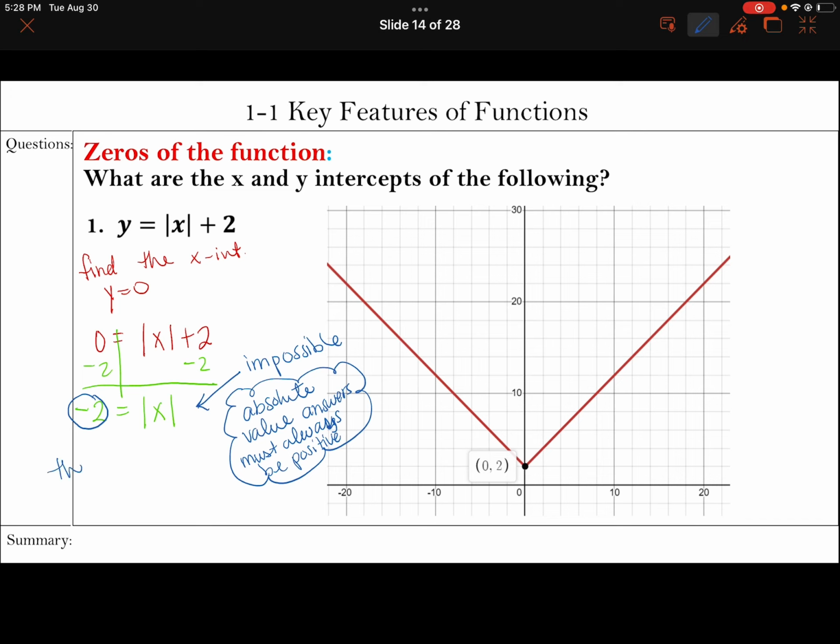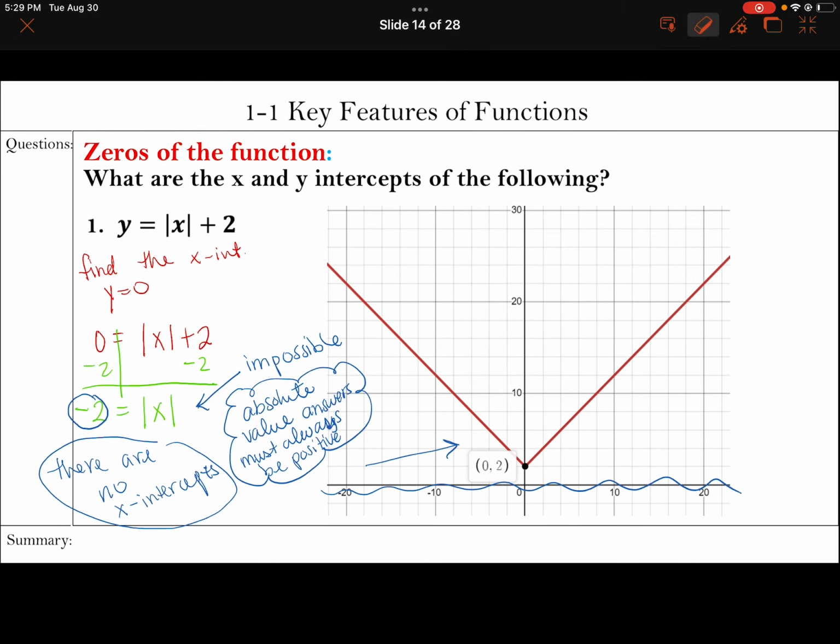Therefore, there are no x-intercepts. See our graph here? It does not touch the x-axis at all.